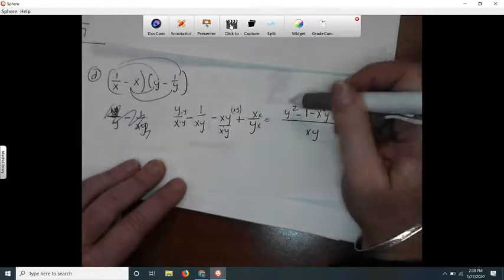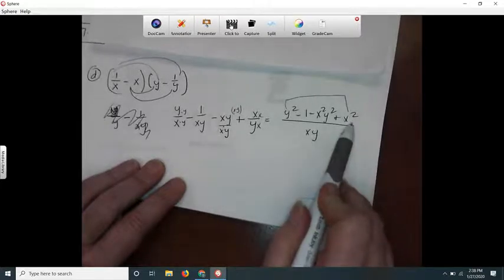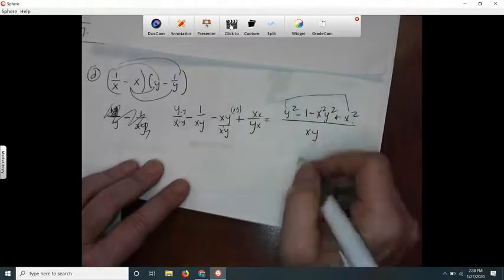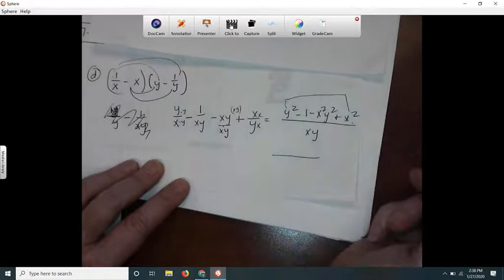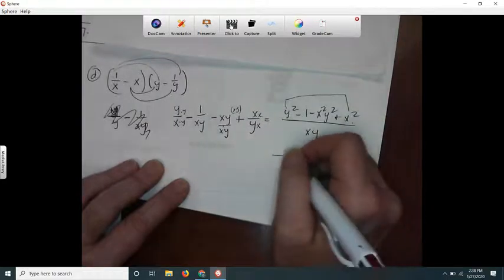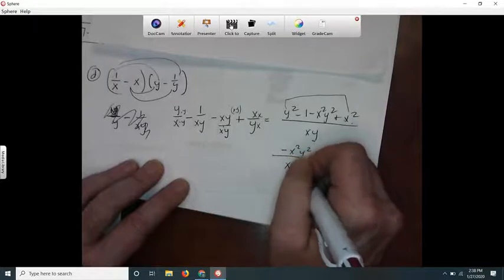So this y squared and this x squared, I can just make them equal to 1, because then I'll have 1 minus 1, and that makes none. So then I'll have negative x squared y squared over xy.